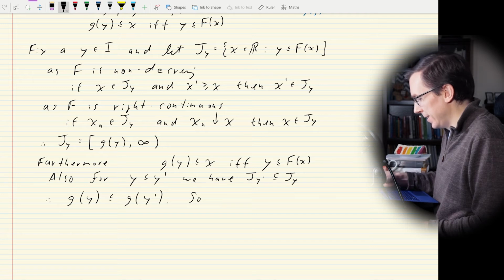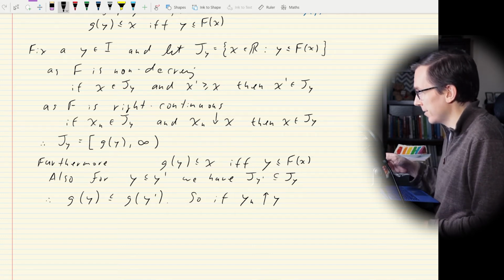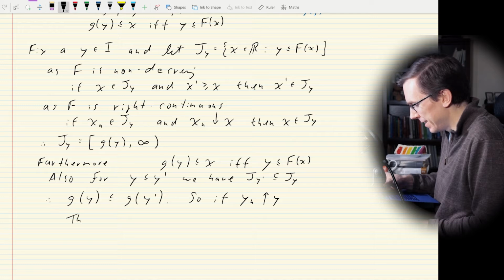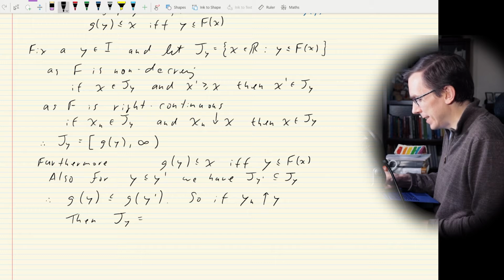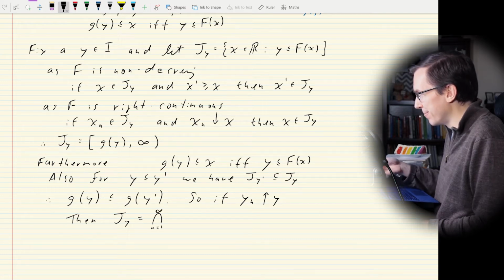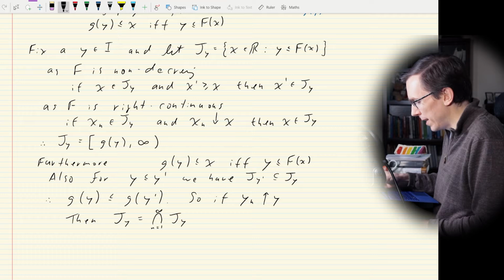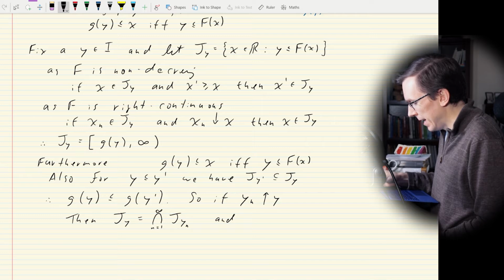So if yn increases to some point y, then jy is going to be the intersection of all the sets over n, I guess we could say n from 1 to infinity, of jyn. And thus, we have g yn converging to gy.